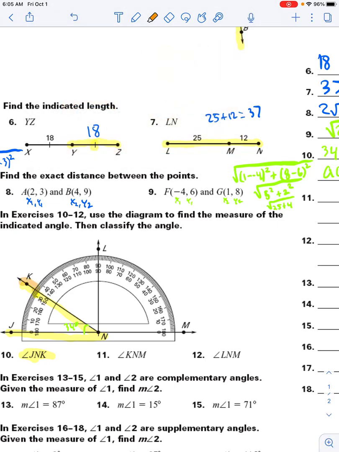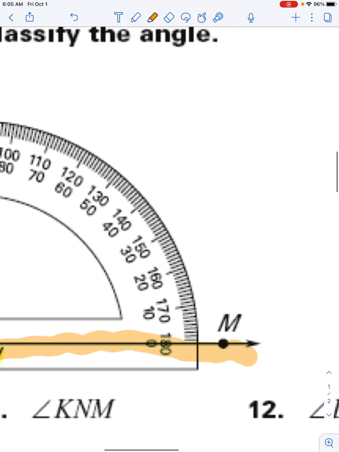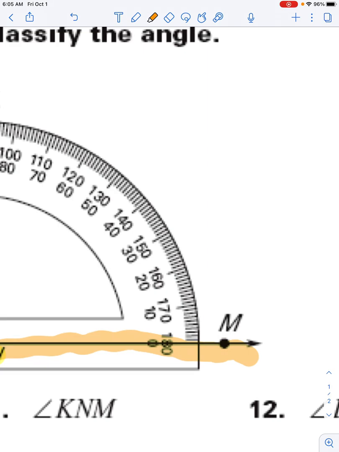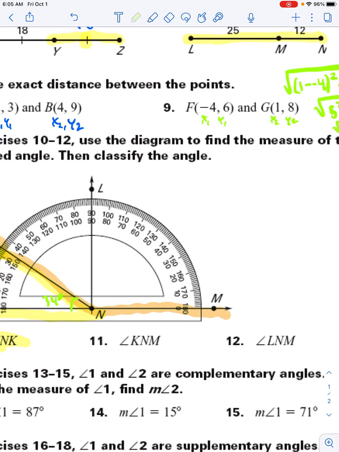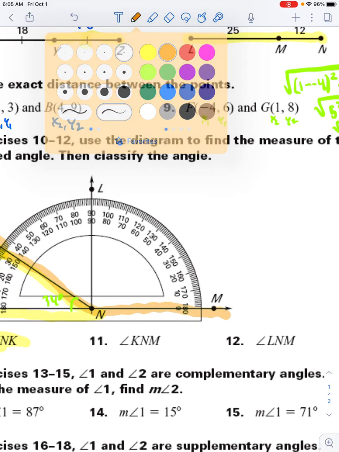Get a different color. K, N, M. So again, I'm looking, now I see that I start where the N and the M are. You notice how your protractor, if you look here, it's got 180, 170, 160, 150, but then it also goes 0, 10, 20, 30, 40. So there's kind of two sets of numbers that you can look at.